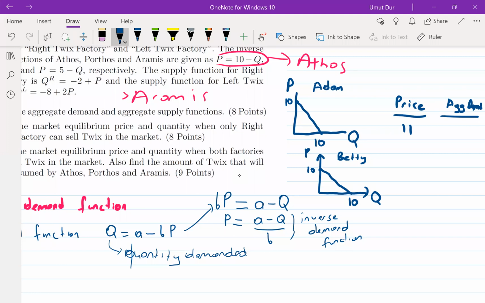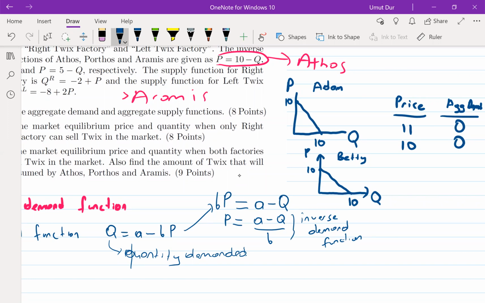It is 0. The reason is that when the price is greater than 10, neither Adam nor Betty demands anything, so their aggregate demand will be 0. When the price is 10, their aggregate demand will still be 0. So it is the starting point, the threshold price level at which they start demanding something.